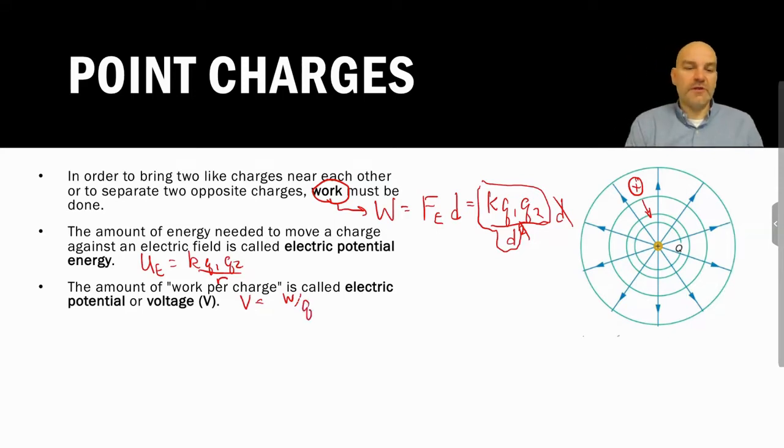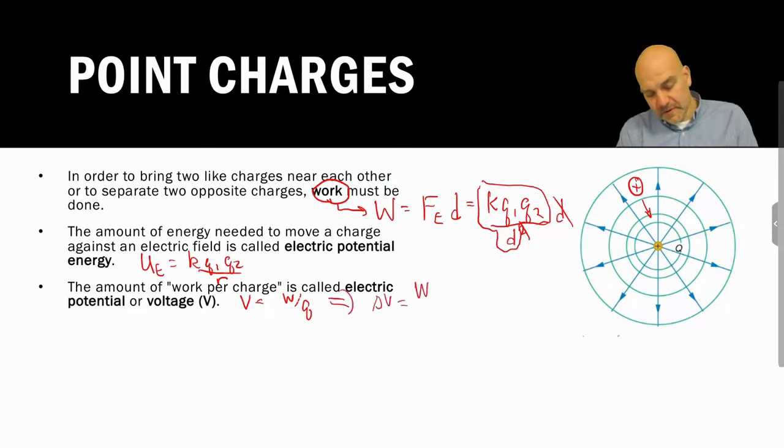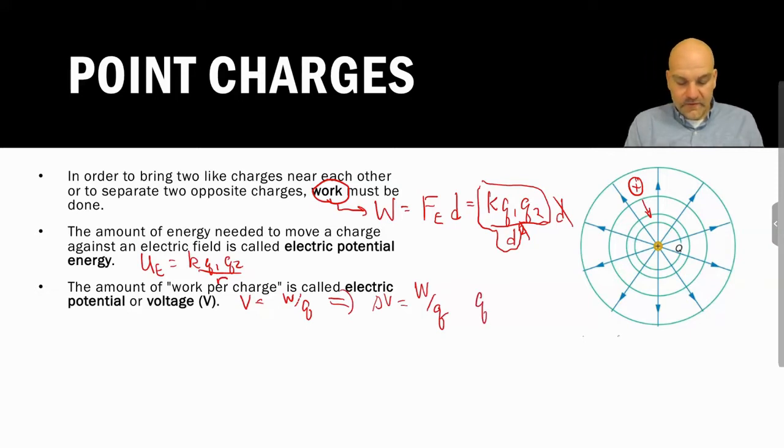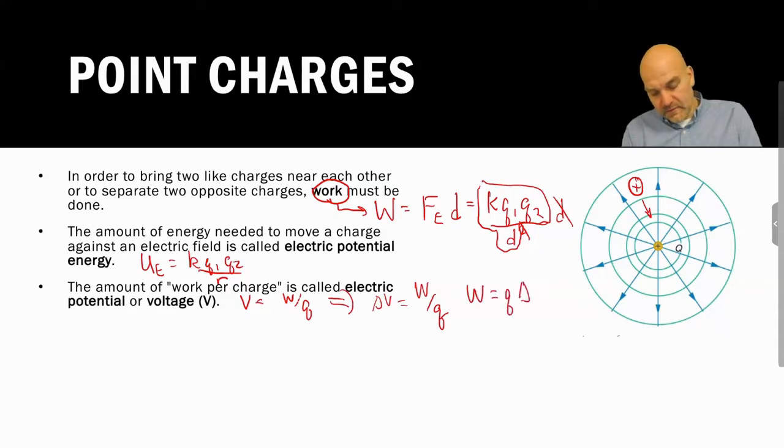So work per unit charge. That also gives us the change in electric potential. Remember, it's still work per unit charge. And you can manipulate this equation how you want. So if we were to solve this for work, this would be work. So work equals Q delta V.